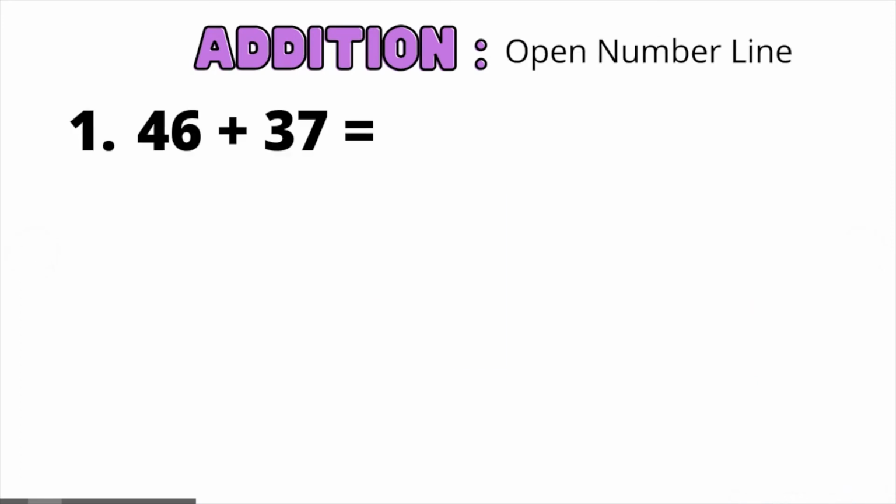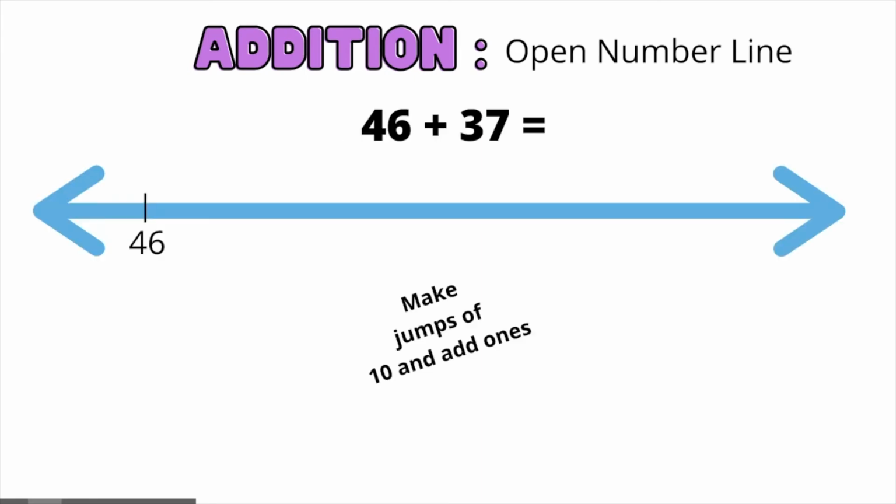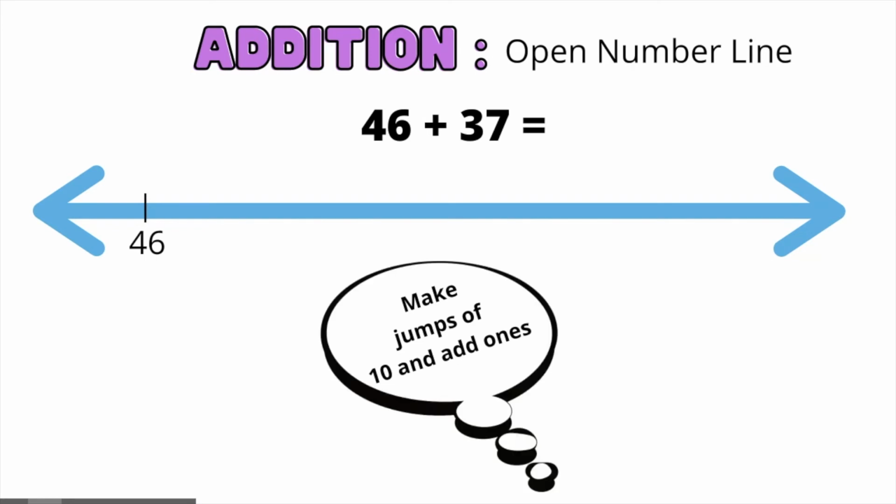Another strategy you can use is the open number line. The open number line means you can have a line and you can add the starting point. So in this case, my starting point is 46. And I'm going to figure out how many jumps I need to get to my answer.